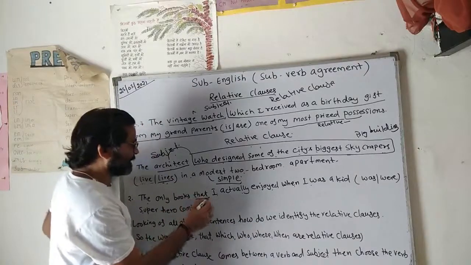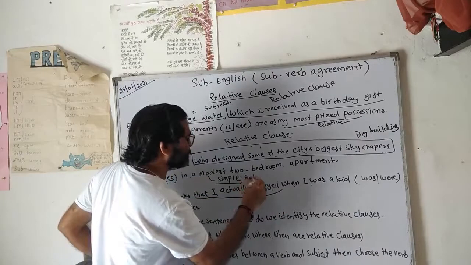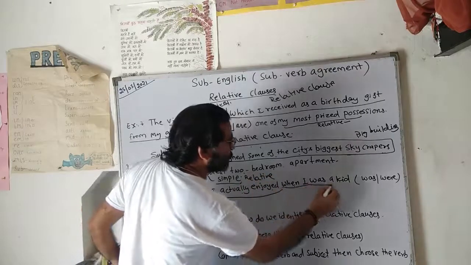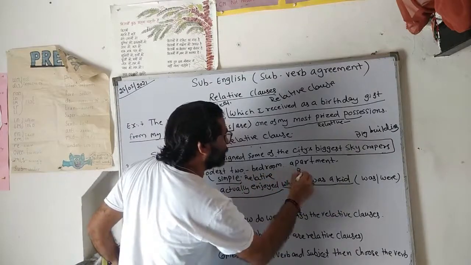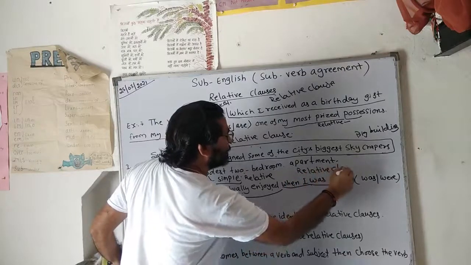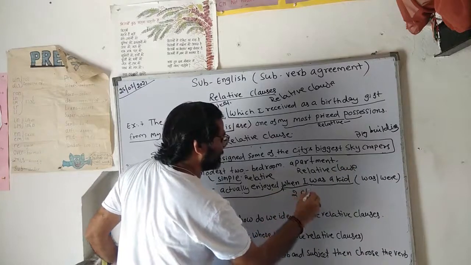Yes, and the part from here to here is a relative clause. And when is also a relative pronoun, so this is also a relative clause. So how many relative clauses do we have in this sentence? We have two relative clauses in this sentence.